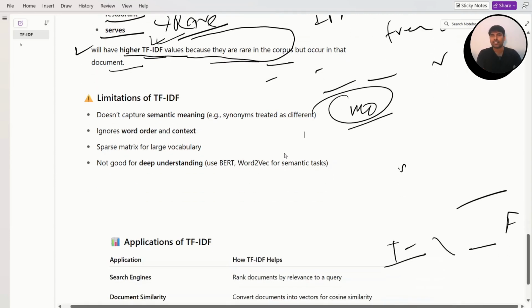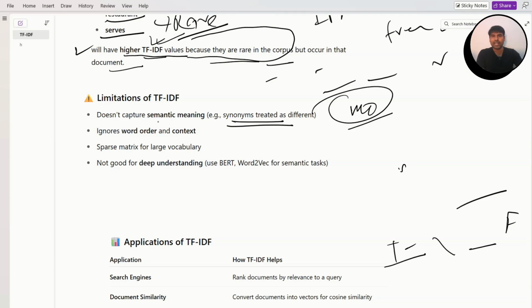But with the help of TF-IDF, we are trying to find the importance of any keyword. We are trying to understand some context, but it still has some limitations, for example semantic meaning. If I'm using "I like" and "I love", these words are synonyms, and this technique is not apt to capture the semantic meaning.